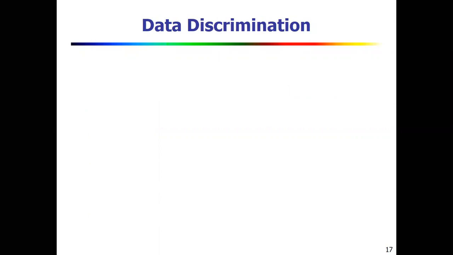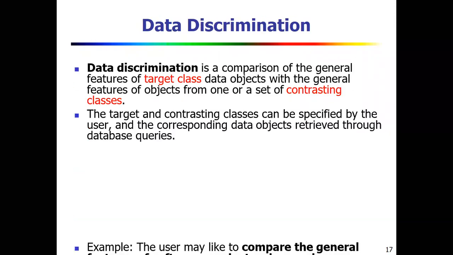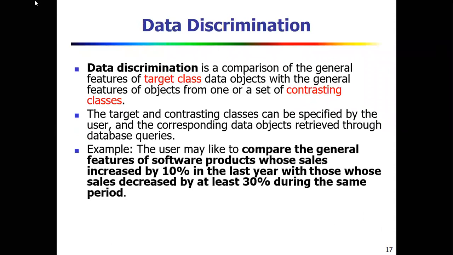Next is data discrimination. Data discrimination needs two types of classes.